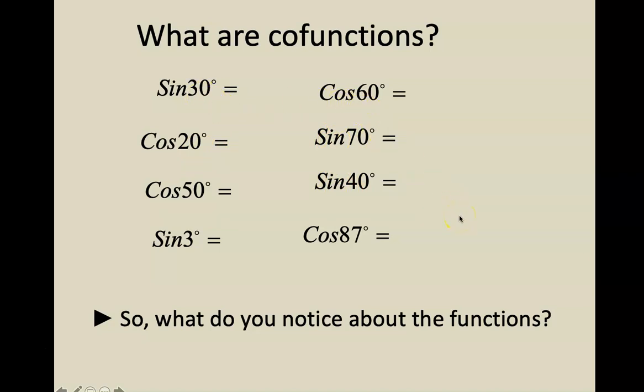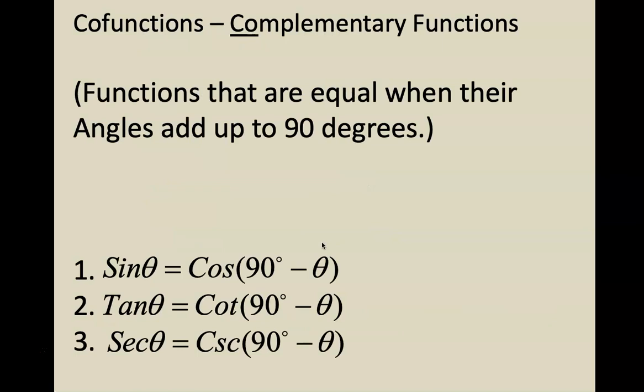So I'm thinking of a word that starts with co that maybe I learned in a geometry class, and it means angles that add up to 90. And that word is complementary. So when we talk about cofunctions, the co in cosine, the co in cotangent, the co in cosecant basically stands for complementary.